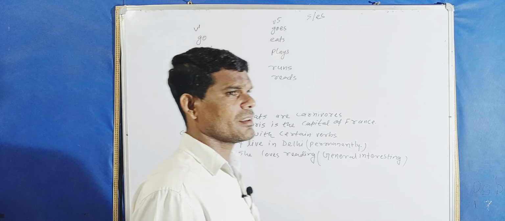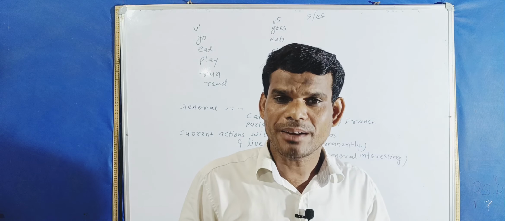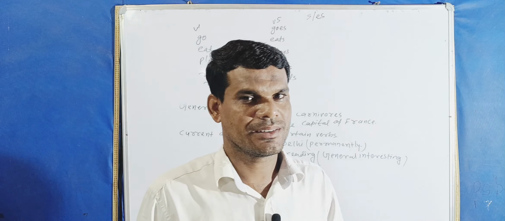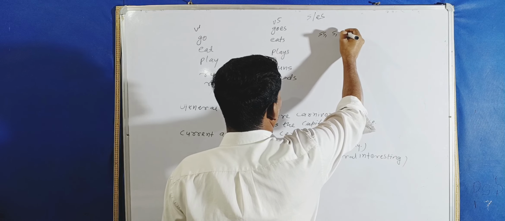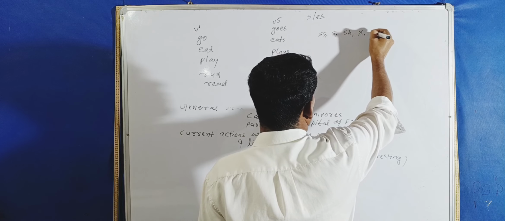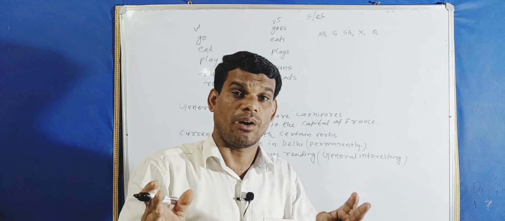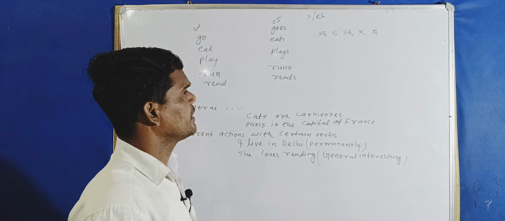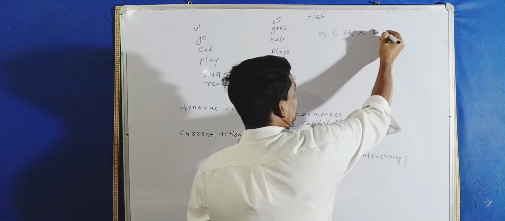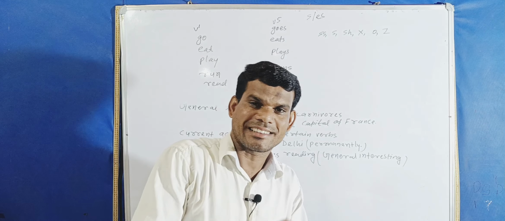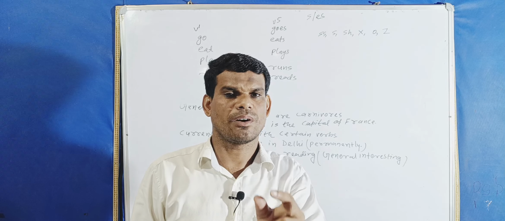When we use es at the end of a root verb, keep in mind that when double s, sh, x, o, or z comes at the end of a root verb, meaning verb 1, that is the time we use es to make verb form 5.